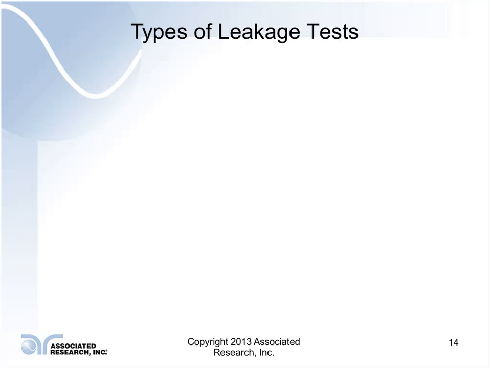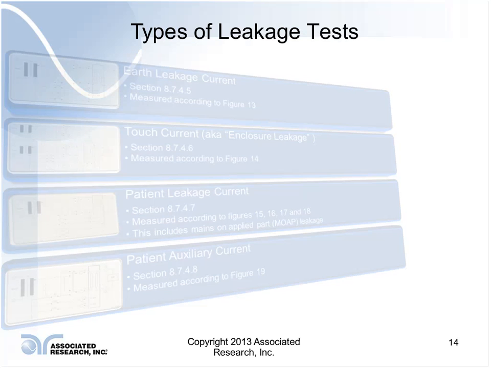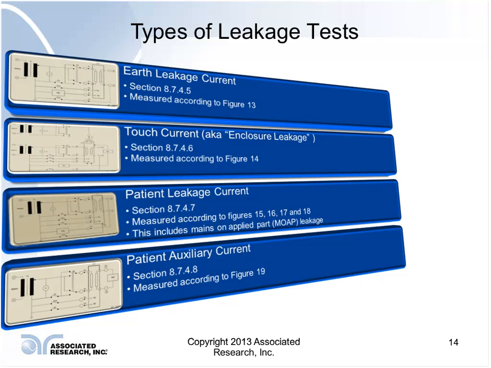So let's look at the types of leakage tests we're going to be dealing with here. These are the main ones, and I'm going per the standard on these. First and foremost is our earth leakage current test. This refers to Section 8.7.4.5 in the medical device standard.